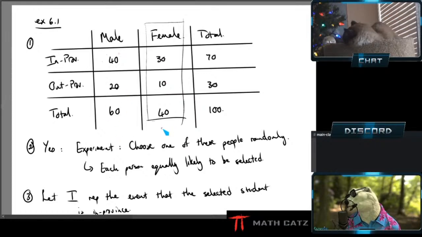There is no chance of it being a male. So the sample space is reduced to only look at females. And using that extra information, knowing it's a female, how likely is it now to be in province? 30 out of 40, because only 40 are possible. If you tell me a female was selected, only 40 people are possible.